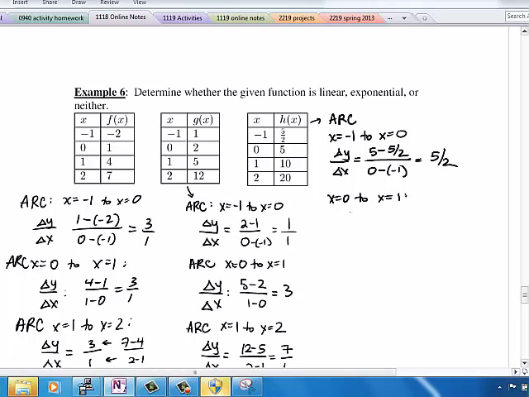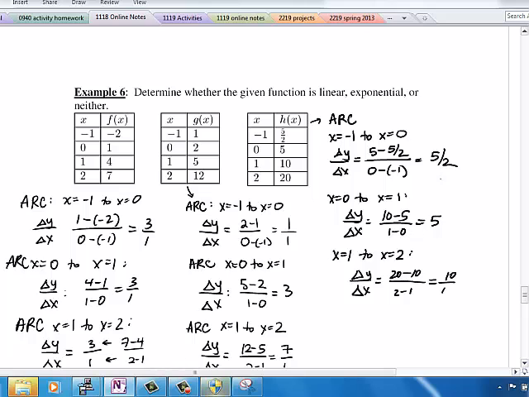We've got change in y over change in x would be 10 minus 5 over 1 minus 0, so 5. And then x equals 1 to x equals 2. Change in y over the change in x there is going to be 20 minus 10 over 2 minus 1, so 10 over 1.